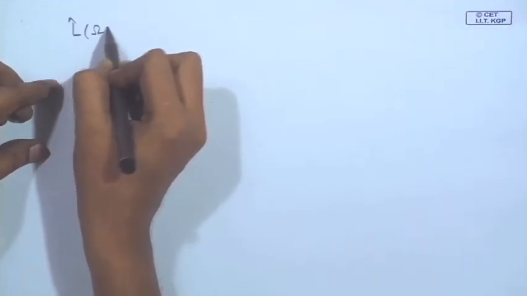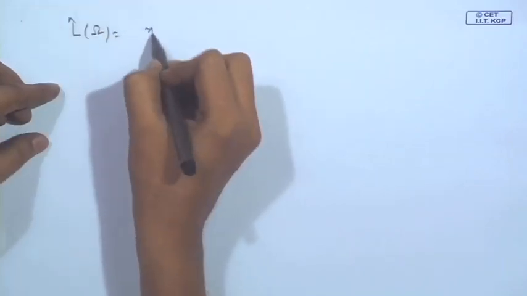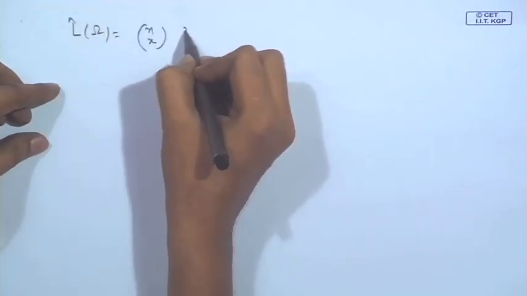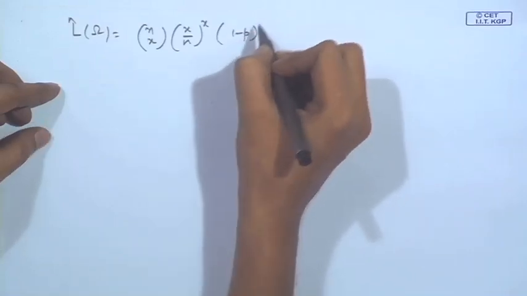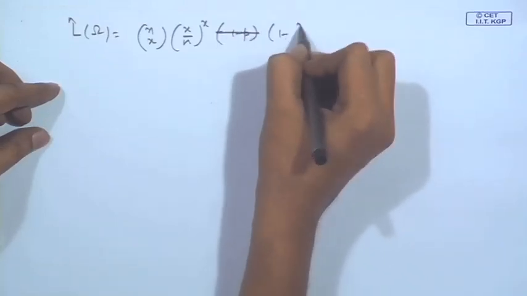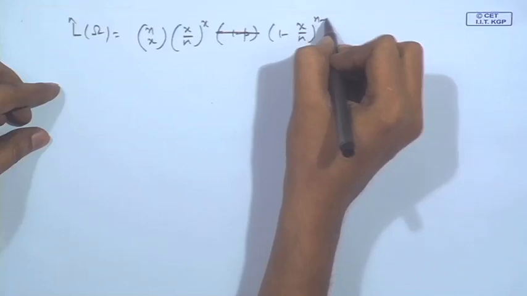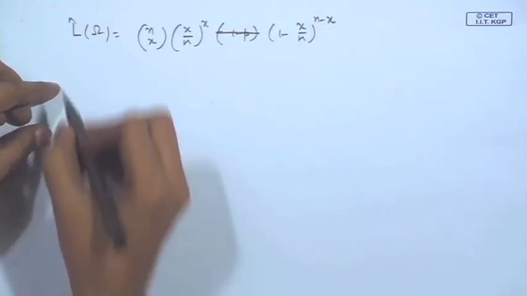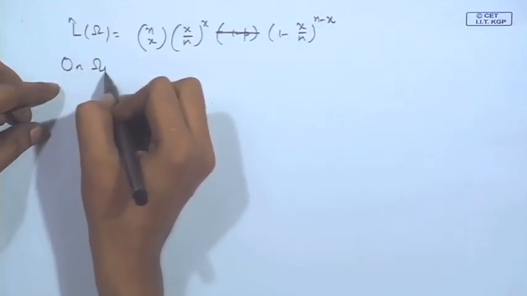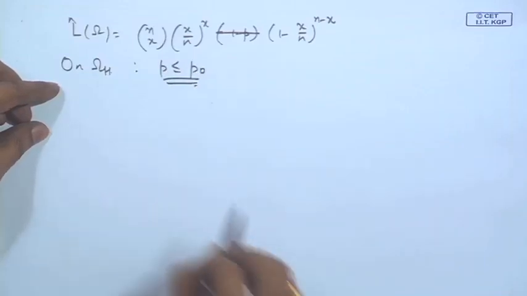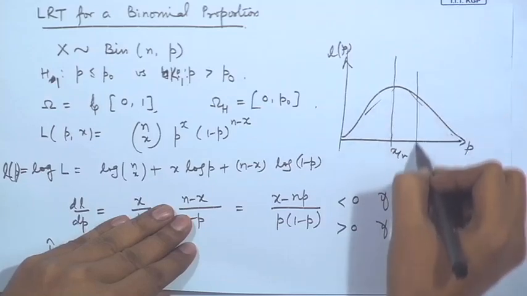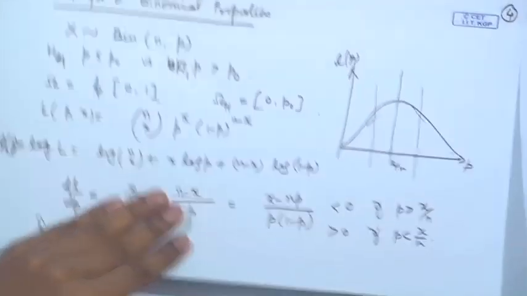Therefore, L hat omega is equal to nCx (x by n) to the power x, (1 minus x by n) to the power n minus x. Now, on omega H, you are having p less than or equal to p naught. If I have that, then there will be two cases. I may have p naught here and I may have p naught here.